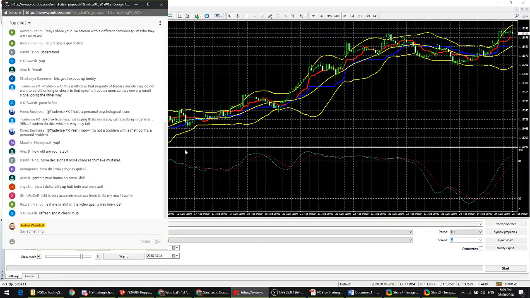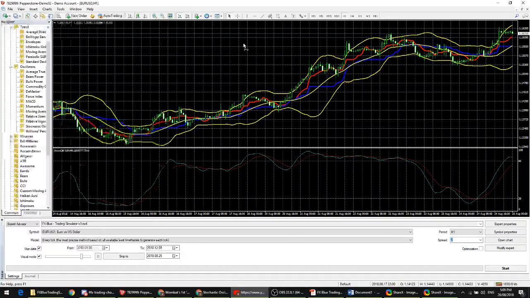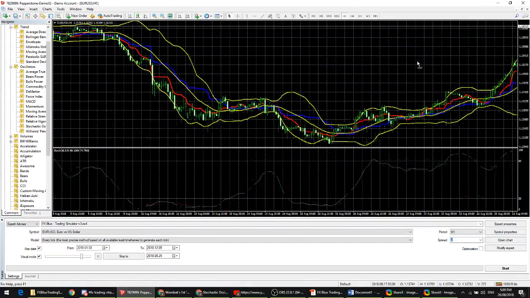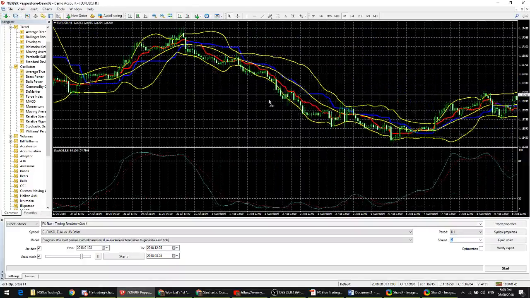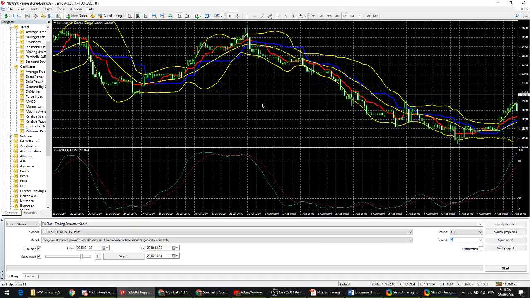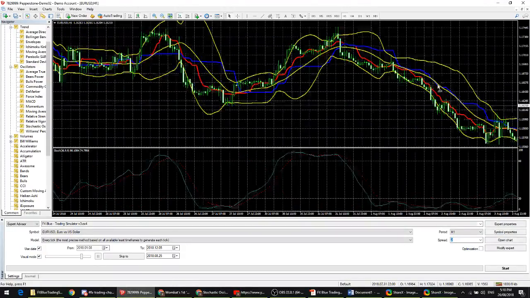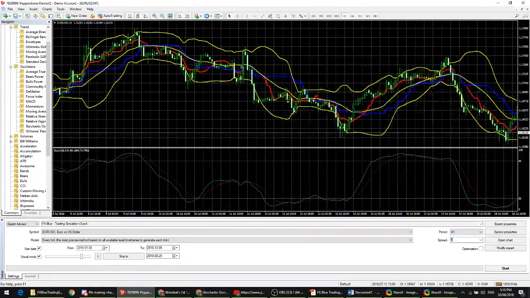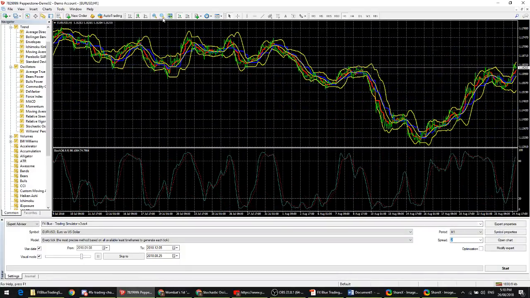So let's make these rules. We'll just pick a random place on the chart and start to have a look at these rules. Let's have a random... Oh, they're looking a bit crazy. Let's zoom out. That's my problem. Alright, now we can see what's going on.